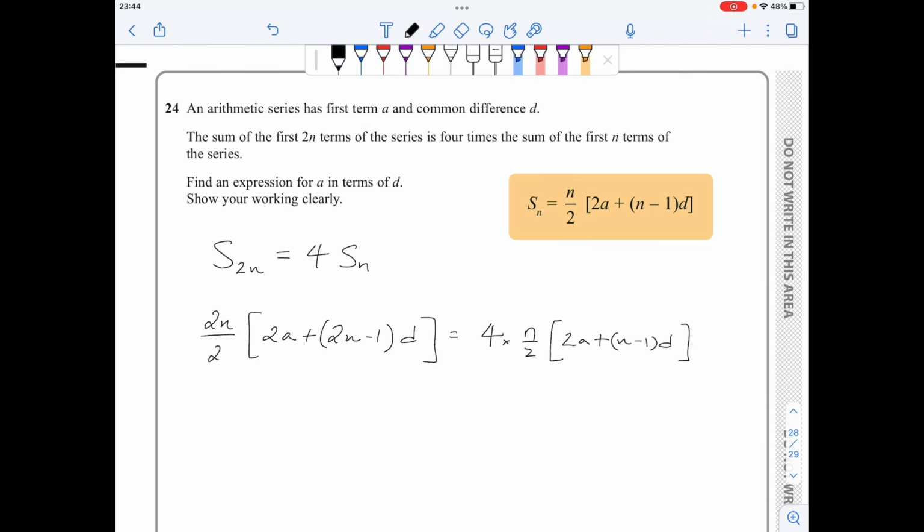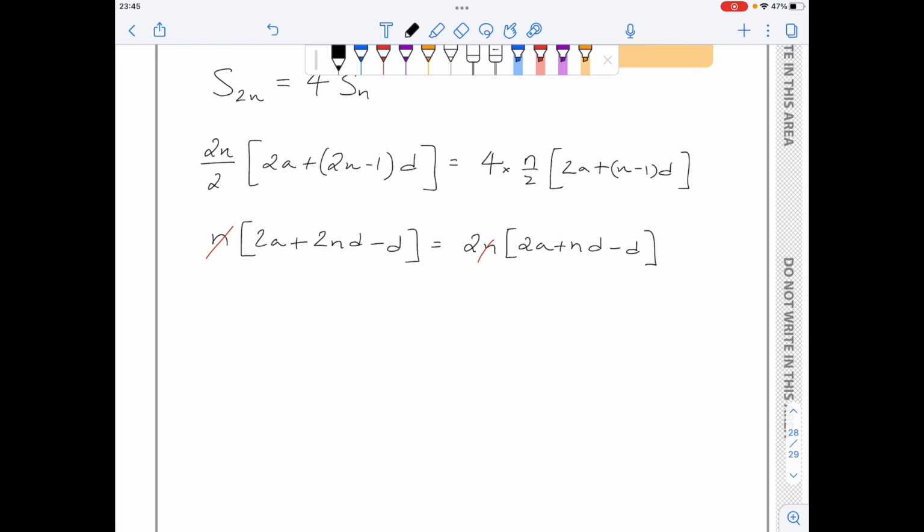Now let's simplify it on each side. So n times 2a plus, and let's expand, 2nd minus d equals 2n times, again let's expand, 2a plus nd minus d. Now I can cancel out the n's, so I get 2a plus 2nd minus d is equal, and this expands to give 4a plus 2nd minus 2d.